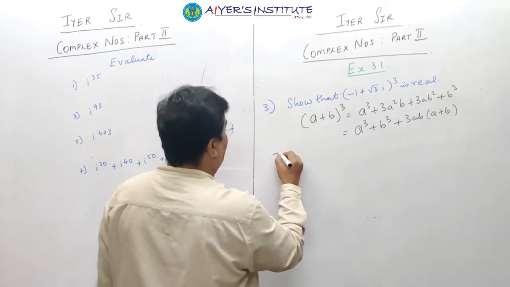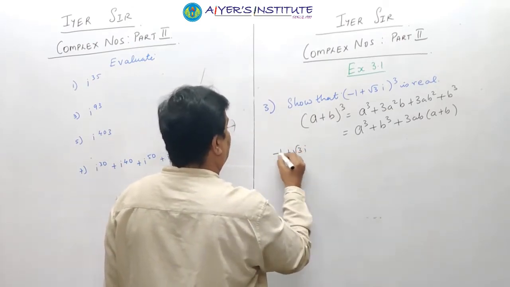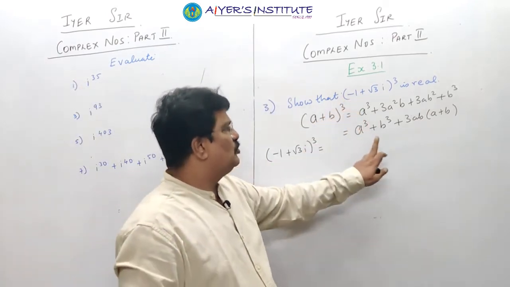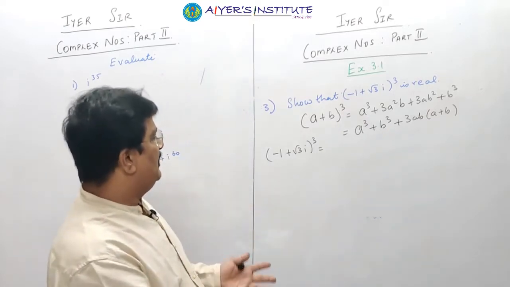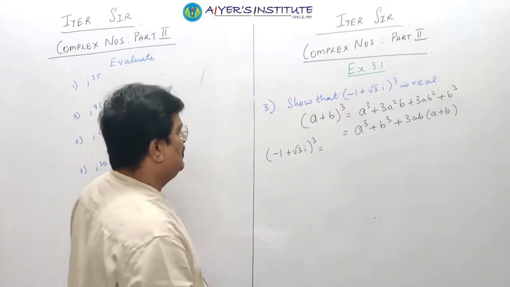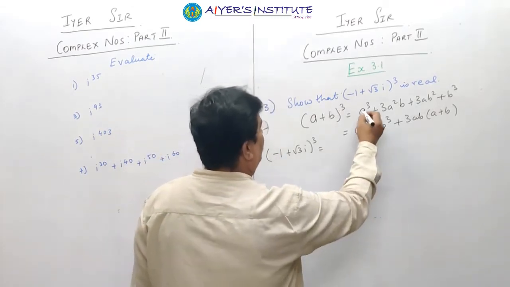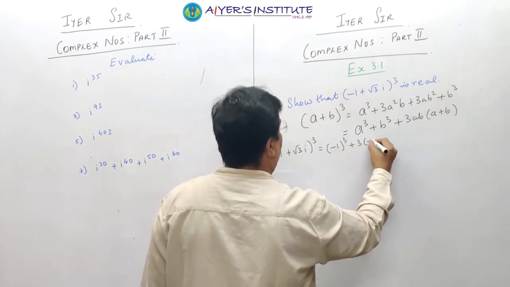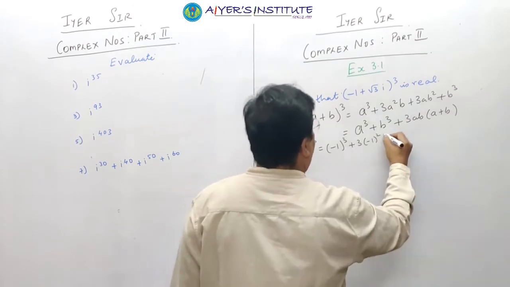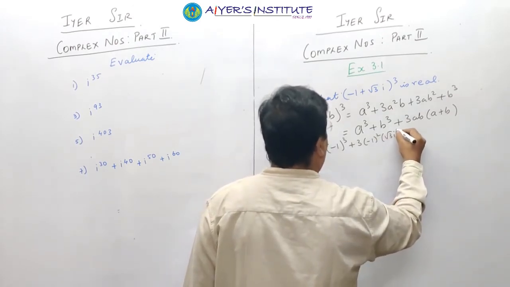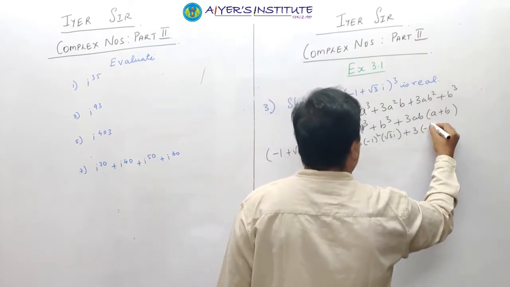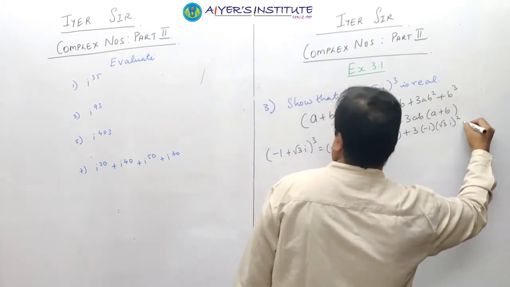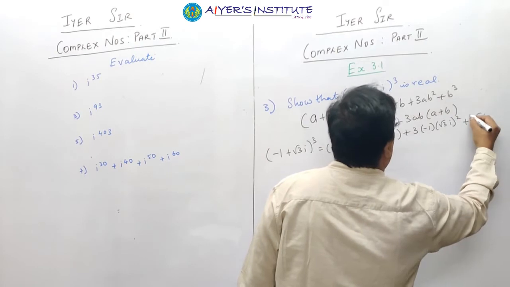Okay, so we have minus 1 plus root 3i the whole cube. So I go by the simplest form. You can also go by this form. This is also right. Only thing is here, when you solve, you will come to know what the difference is. First I write minus 1 the whole cube plus 3 into minus 1 the whole square root 3i plus 3 into minus 1 root 3i the whole square plus root 3i the whole cube.